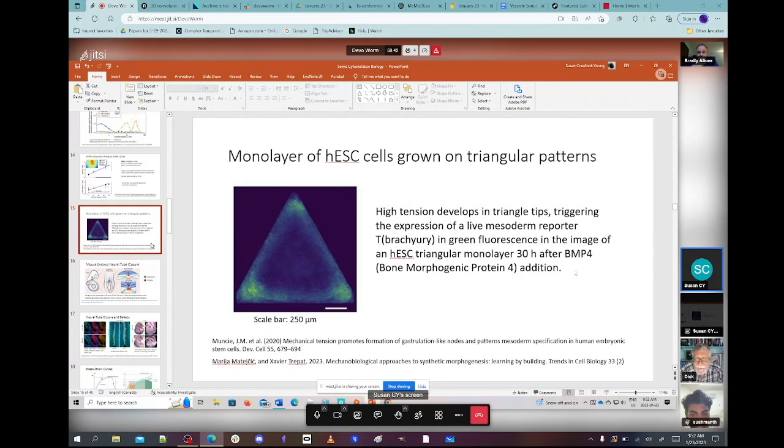hold on a second. I'll get a copy of the screen. Can you send me that paper? The 2006 one here, this one? The one with the triangle. Oh, the triangle. Yeah, this is neat. I like this because you don't have to move anything. You just put your cells down on a triangle and... Oh, you put them on the triangle. Yes, and then the triangle tips are at a higher tension, and you can see where your mesoderm develops and where it doesn't.